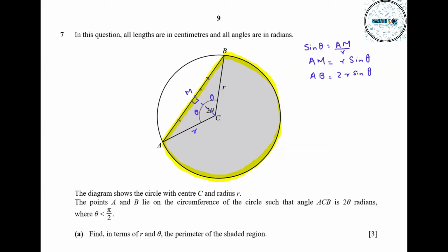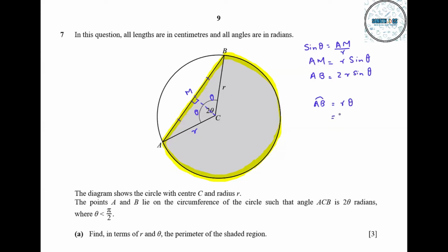Then we have got the length of AB in terms of R and theta. Now we have to find out this arc length AB. So AB arc length is equal to R theta.